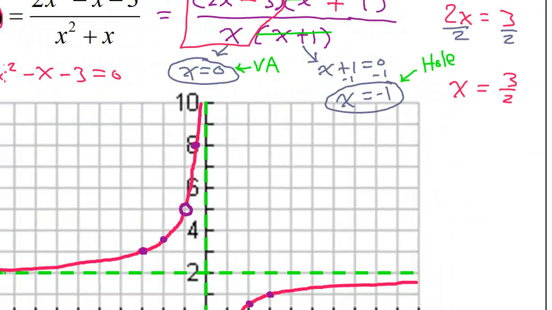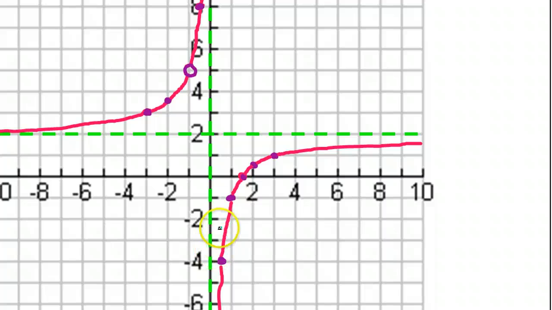And then the final part of the domain picks up with this branch down here after the vertical asymptote. So it goes from the asymptote to positive infinity. So that's 0 to infinity. Now if you were thinking 0 to 2, you were looking at the horizontal asymptote, but this is a y value.